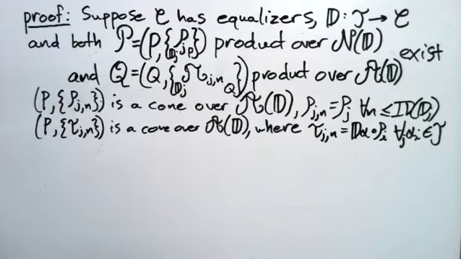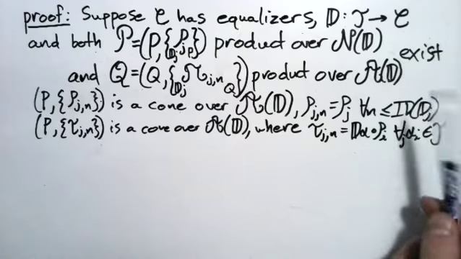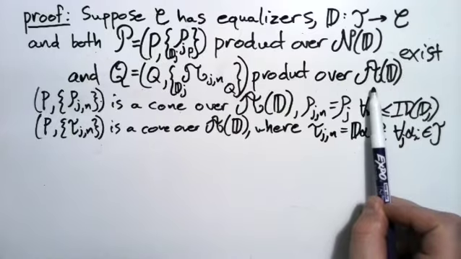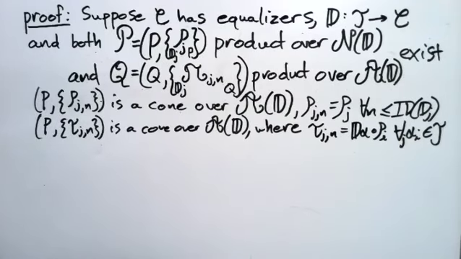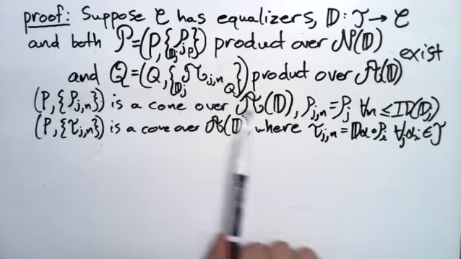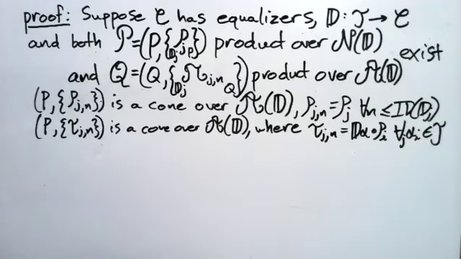So we have two cones which are both over the diagram of arrows of D, and since Q here, curly Q, is a product over that diagram, we need a mediating morphism for each one of these cones, right? That's what it means for it to be a product or a limit.